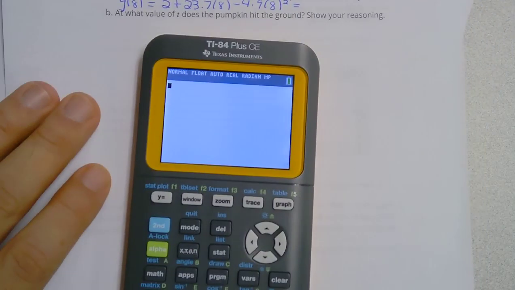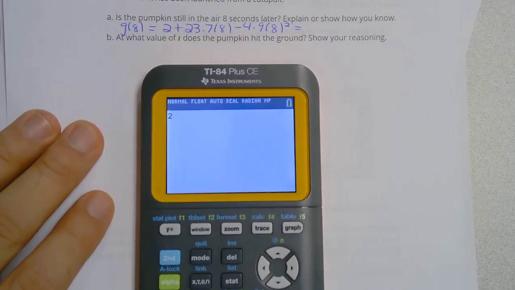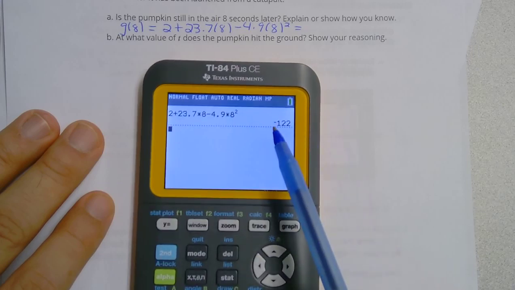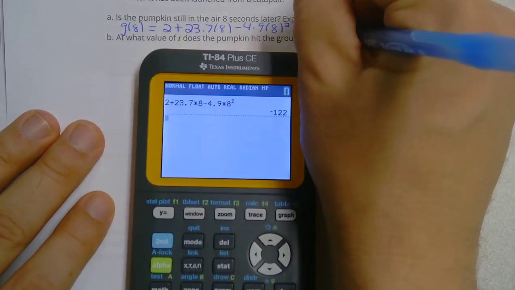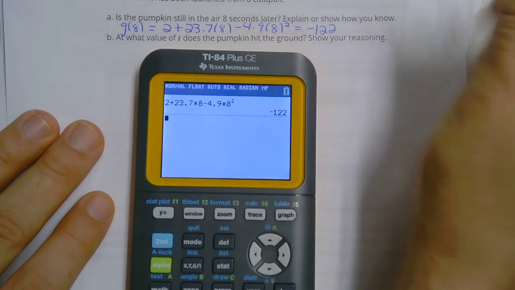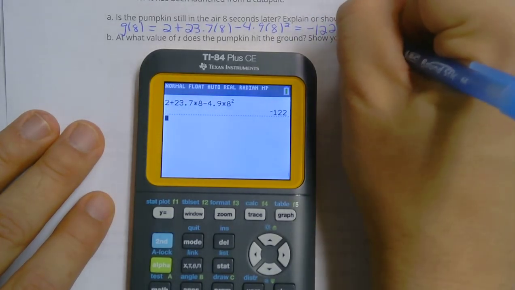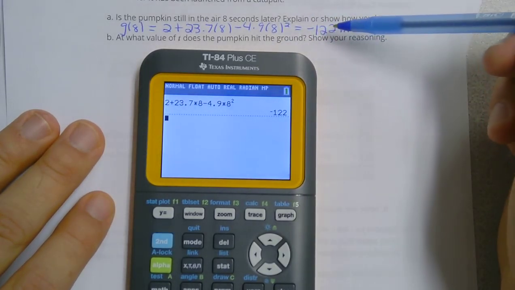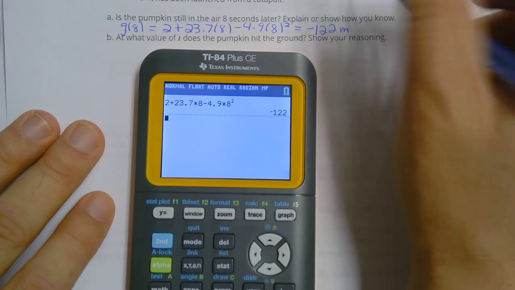Type in 2 plus 23.7 times 8 minus 4.9 times 8 squared. And I see that this gives me negative 122, which would be meters. And that means the pumpkin is below the ground.